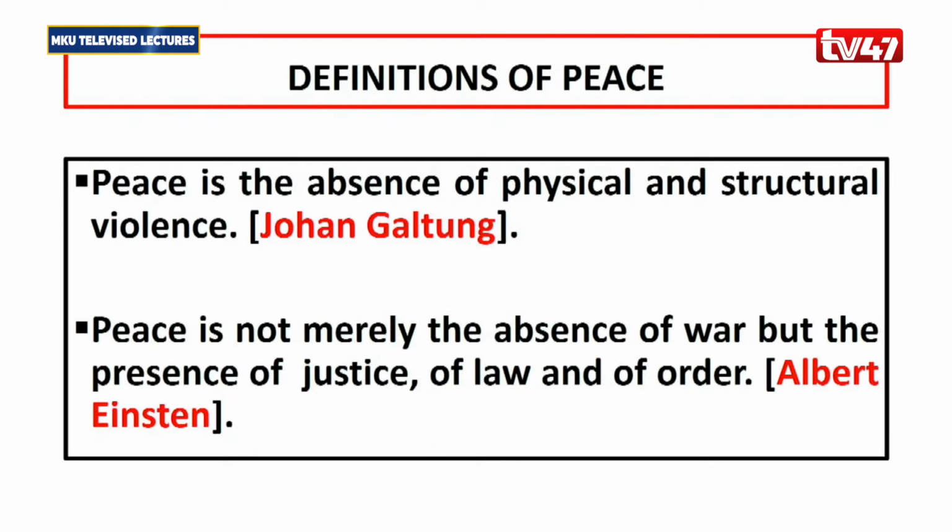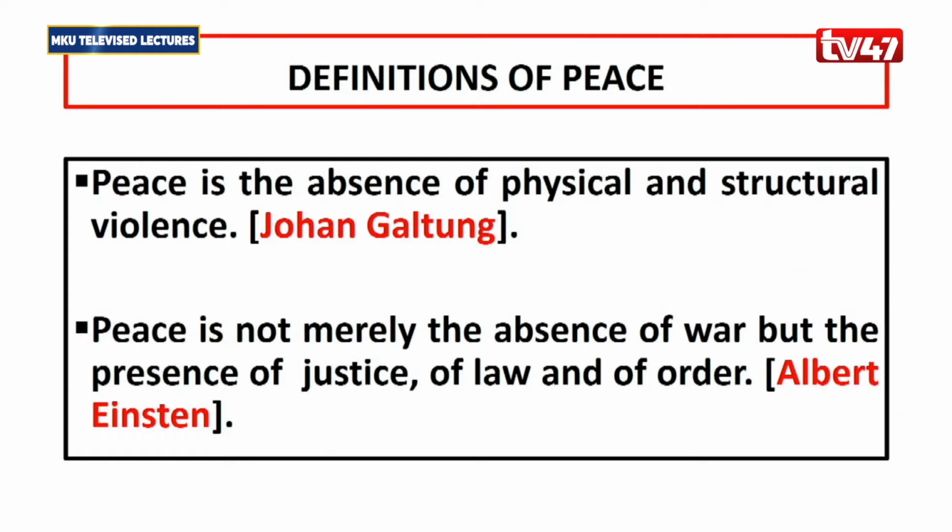And then that peace is not merely the absence of war, but the presence of justice, of law, and of order. And this is Albert Einstein, which means he's also backing up what Johan has said, that the absence of war alone is not enough. We also need justice, law, and order.